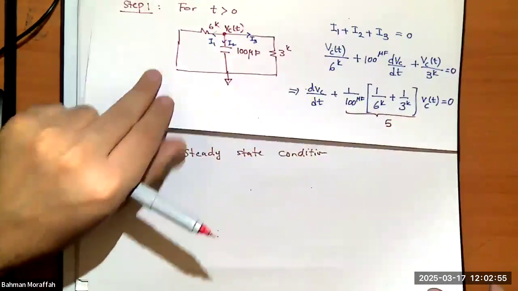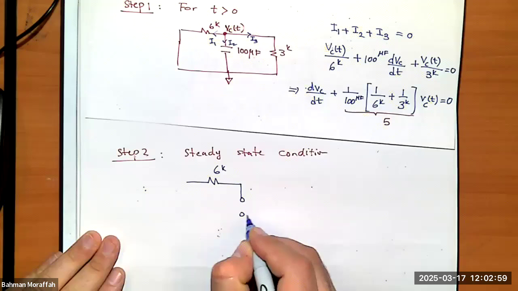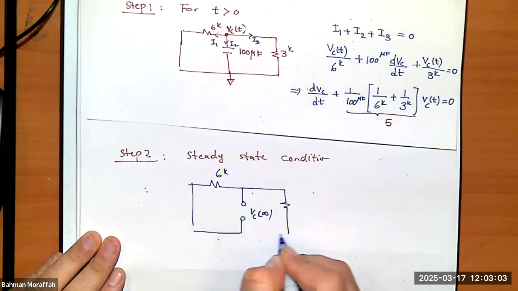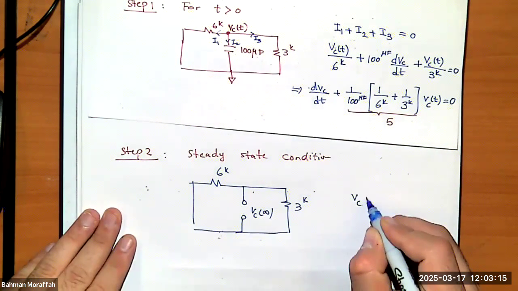So what I'm going to have is a 6K, this is VC infinity, and a 3K. What is VC infinity over here? There's no source in this circuit. So what is VC infinity?